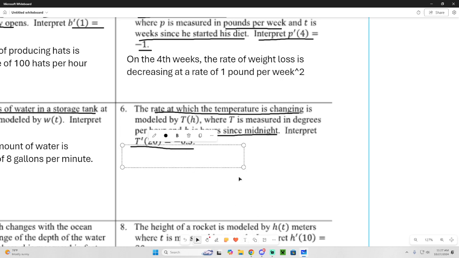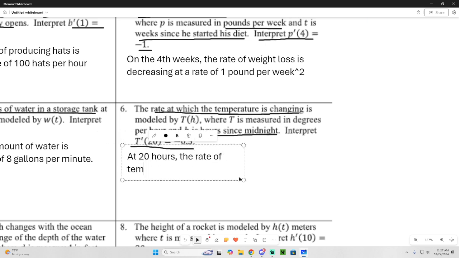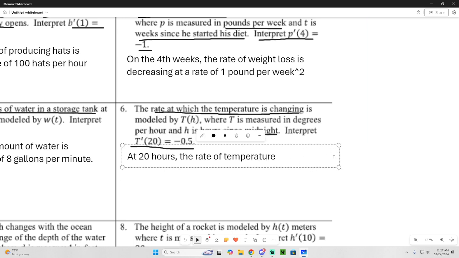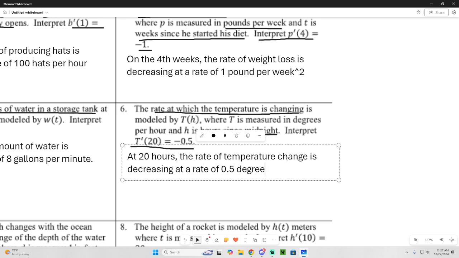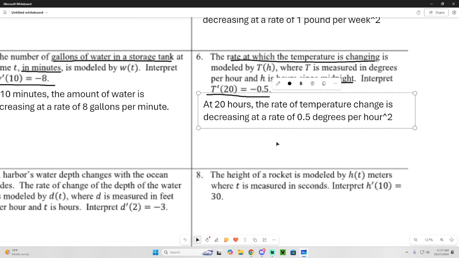So at 20 hours, the temperature change is decreasing at a rate of 0.5 degrees per hour squared. Okay, let's keep going.